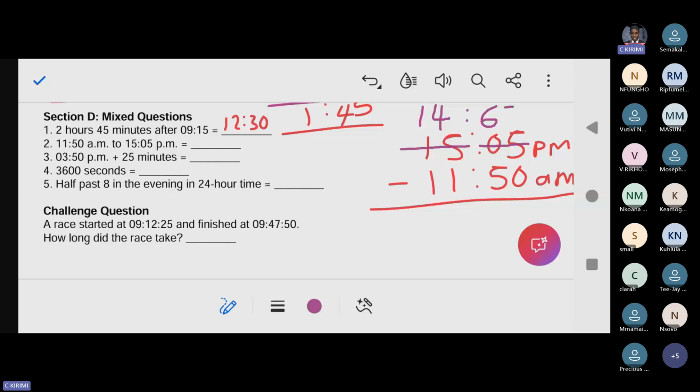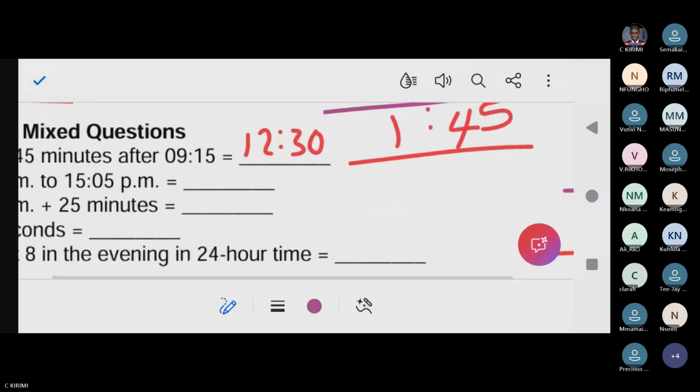Then 5 minus 0, we get 5. 6 minus 5, we get 1. 4 minus 1, we get 3. 1 minus 1, that's 0. So from that time until 5 minutes past 3 in the afternoon, how many hours has elapsed? Which means 3 hours, 15 minutes.